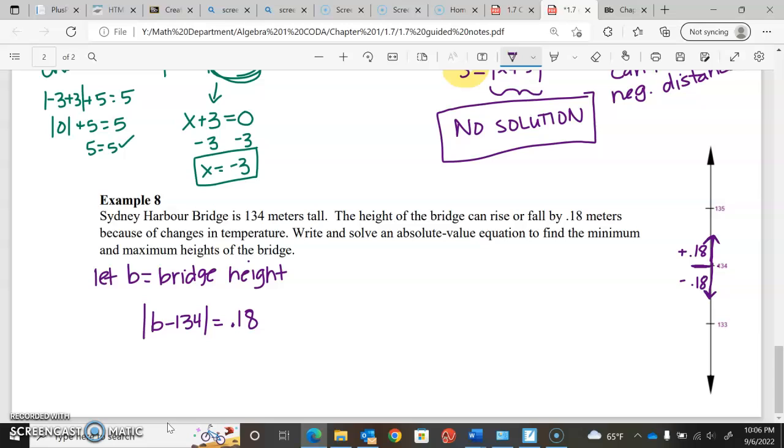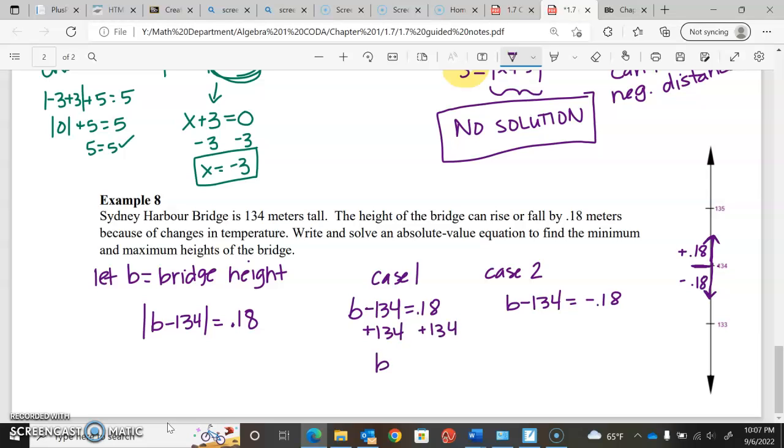So here's our absolute value equation. If we break it down into the two cases, B minus 134 equals positive 0.18, or B minus 134 equals negative 0.18. So if we add 134 to both sides, one option is it could be 134.18 meters tall, right?